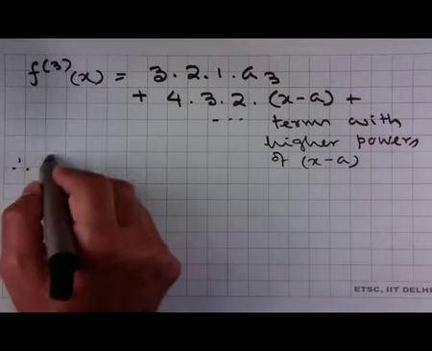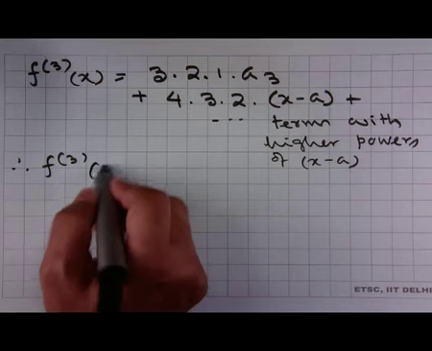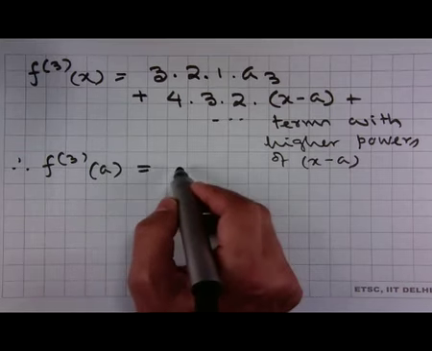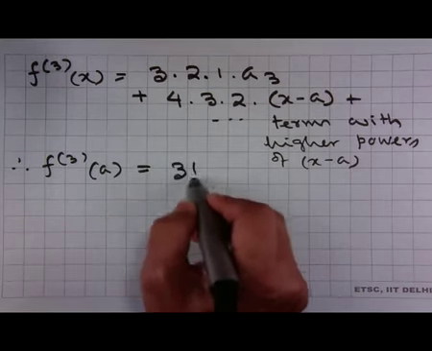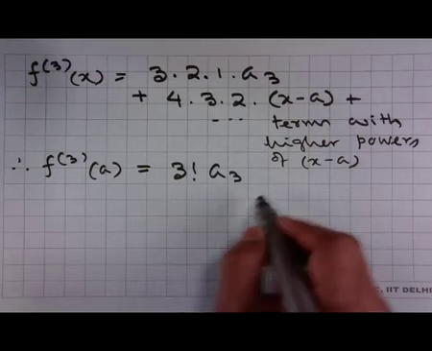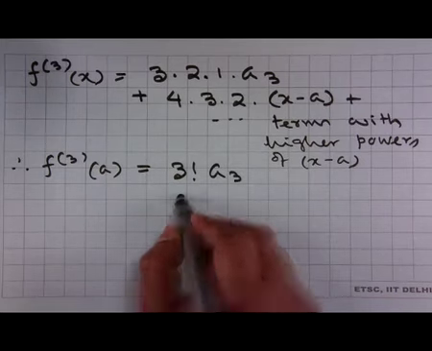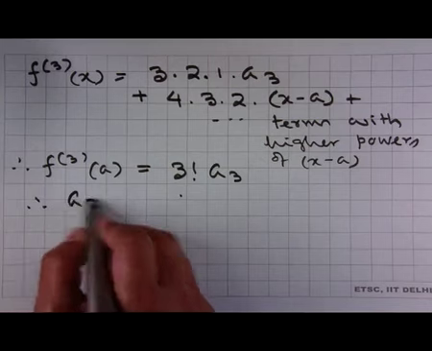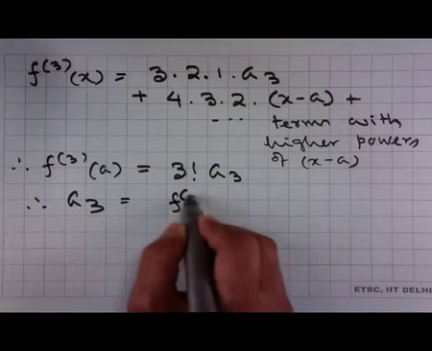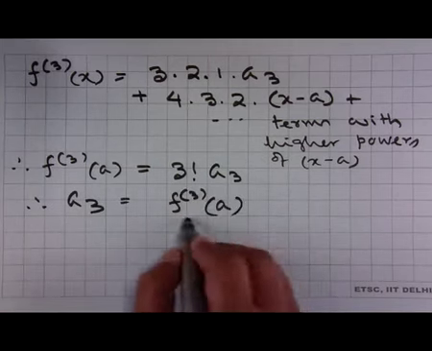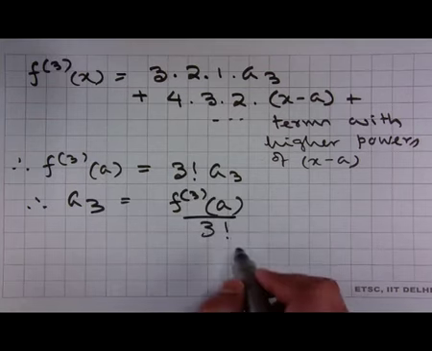Therefore, f3 at a is equal to 3 factorial times a3. Therefore, a3 is equal to f3(a) upon 3 factorial.